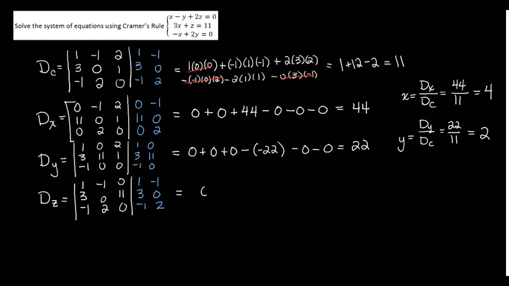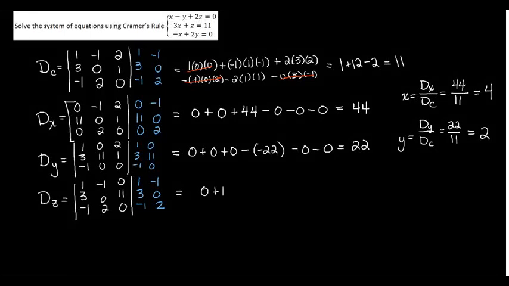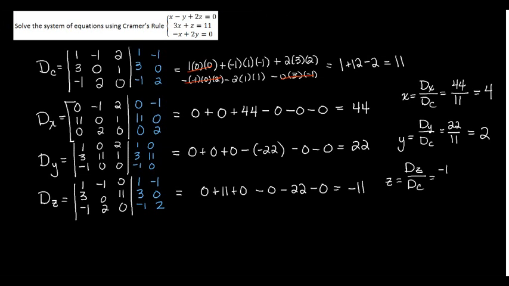So we get 0 plus 11 plus 0 minus 0 minus 22 minus 0. So when I combine all that, I get -11. So z equals d sub z over d sub c. Gives me -11 over 11. So z equals -1. Therefore, the solution to this system is 4, 2, -1. And that's it for this video.